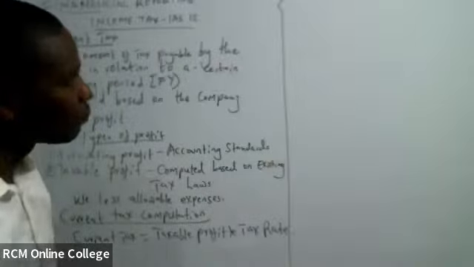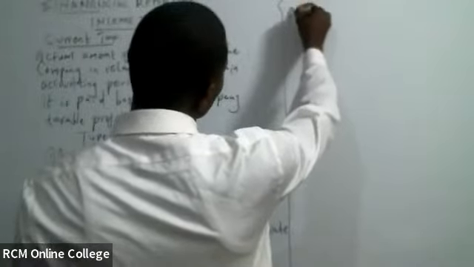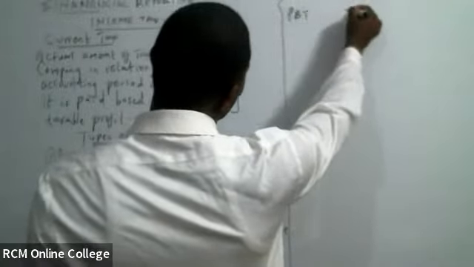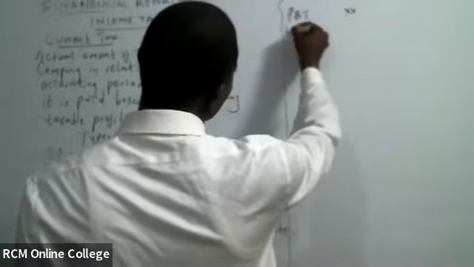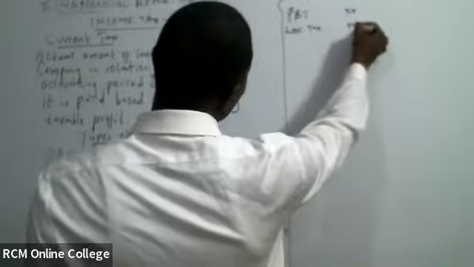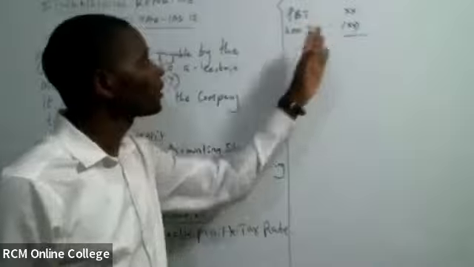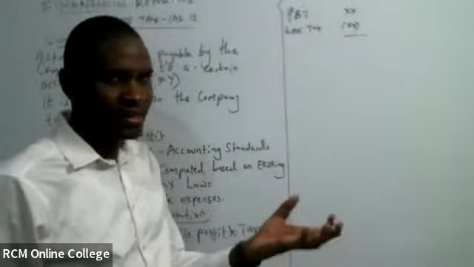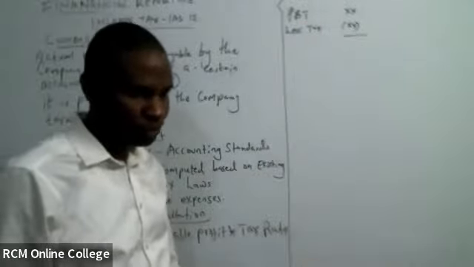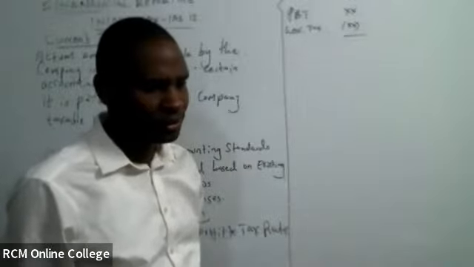For example, if you have the profit before tax, less tax, what is the result? That tax is given as a provision, in most cases. It's provided for.